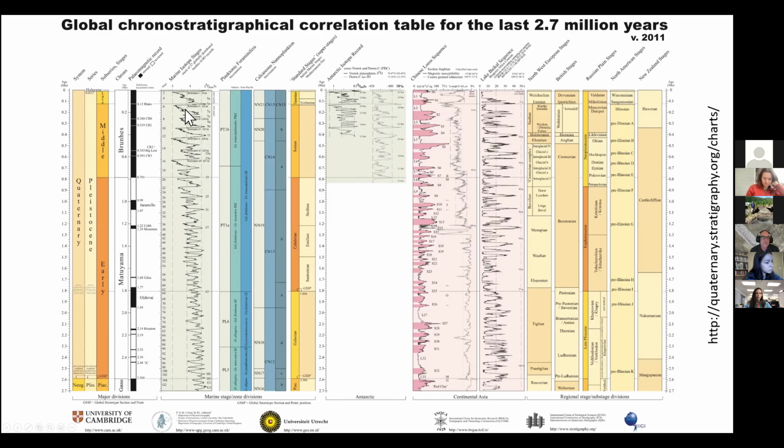This is a key proxy of fluctuation of global climate, but that maps into many other things, including dust, for example. And then on the far right, you can see an effort to identify that every country, every place has different nomenclature for some of the main time breaks, what they call the different time breaks, which are associated with key events in the landscape.